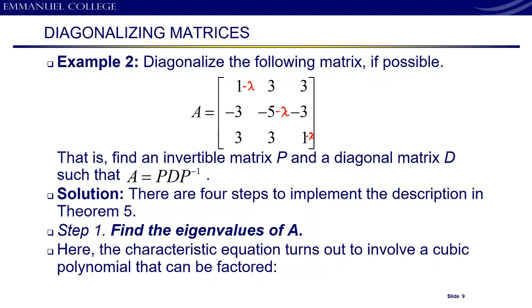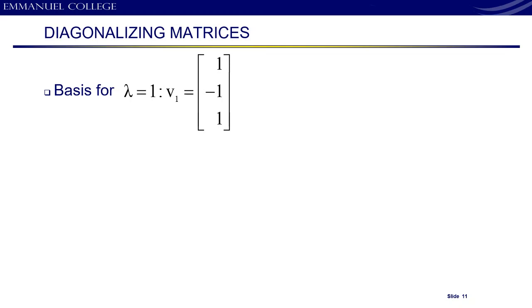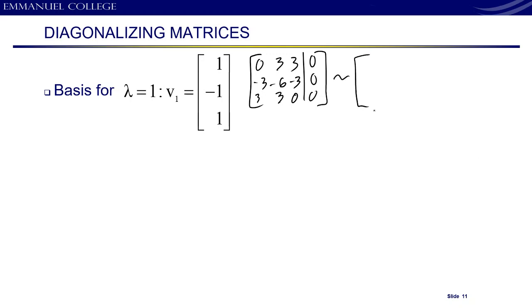All right, so if you were to use the eigenvalue of 1, what you end up with is 0, 3, 3, -3, -6, -3, and then 3, 3, 0. And then because you're finding the eigenvector, you set it equal to the 0 vector, because remember, you're trying to find what values make it 0.